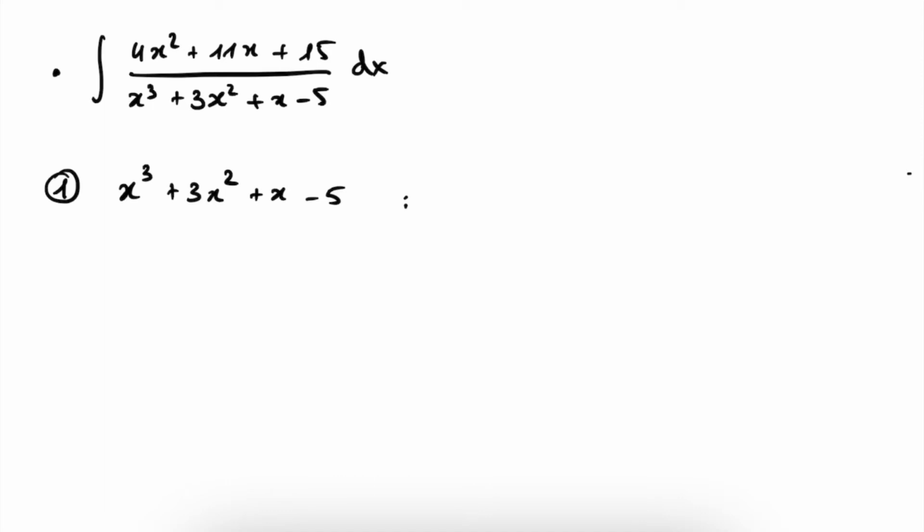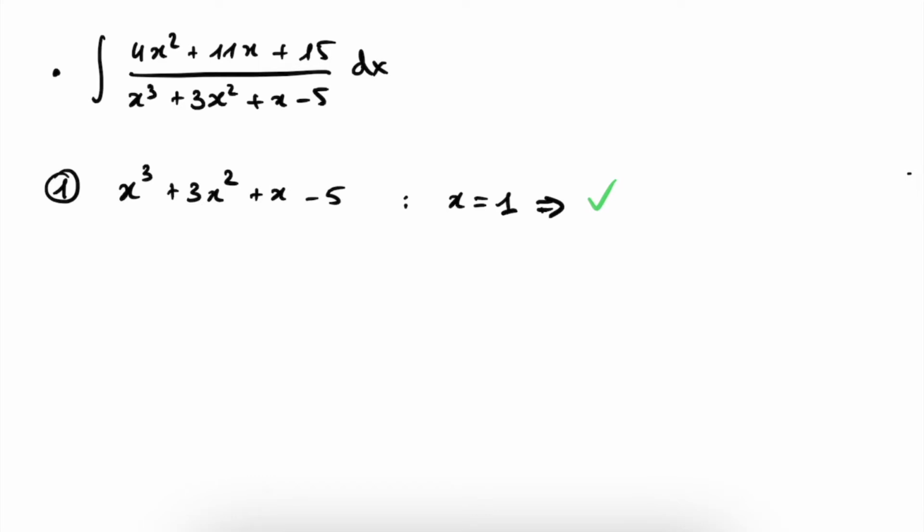However, it's always a good thing to first simply try a few values. For example, x is plus 1 and x is minus 1. Let's fill in x is plus 1. If we fill in 1, we get 1 plus 3 plus 1, which is 5, minus 5, which is indeed 0. So we are lucky here and we get that this is indeed a zero point of the equation.